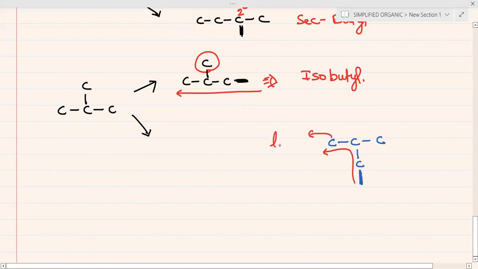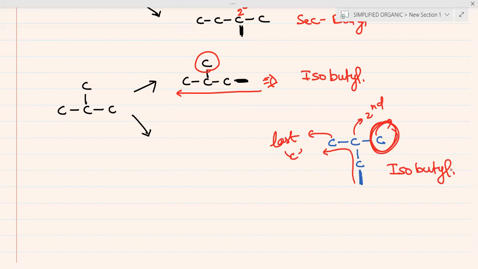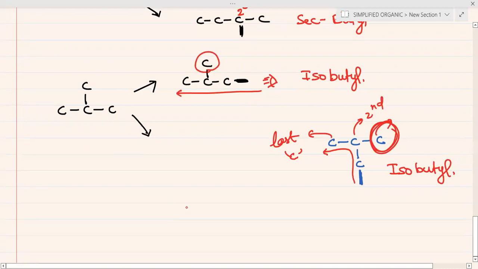The last but second carbon is having a methyl, so it is called iso, and total 4 carbons are there, so it is called isobutyl. I hope this is clear. So you need to travel from the branch to the last carbon. If the last but second carbon has a methyl, it is called iso.